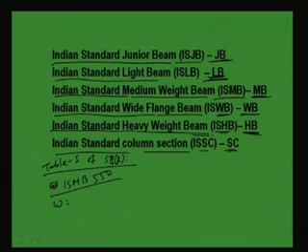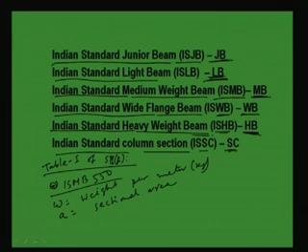First you will get W, which is weight per meter in kg. So, when we say ISMB 550, we know the weight of the beam per meter. Then you will get A, the sectional area, which is the area of the cross section of this ISMB 550. Then H, that is the depth of section.